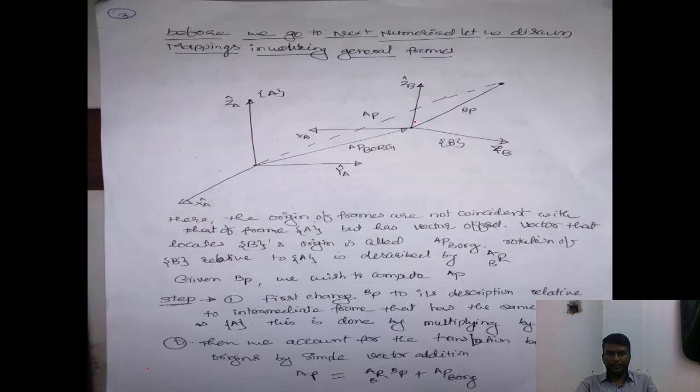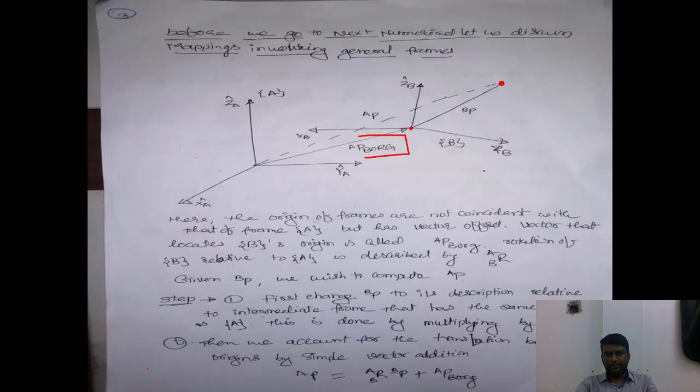Here is the general frame mapping involving general frames that we already discussed. Again, it is explained here. This is the origin, and these are the x, y and z axes. This is the point PB, and this is PB org, which defines the position of the origin.